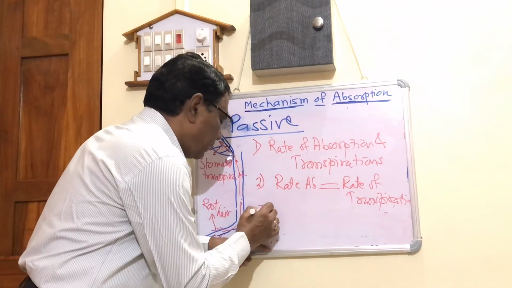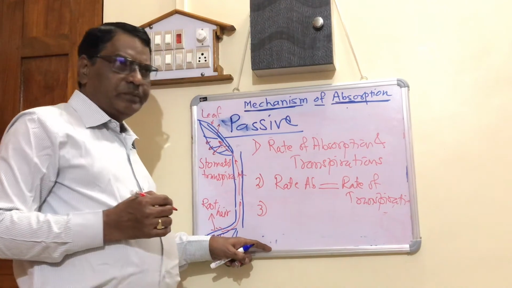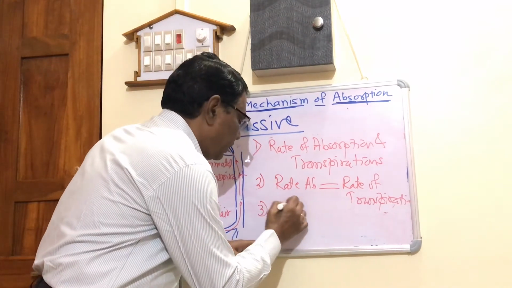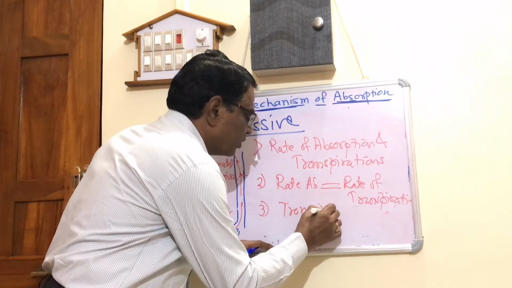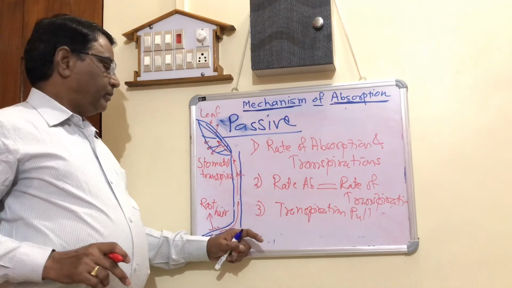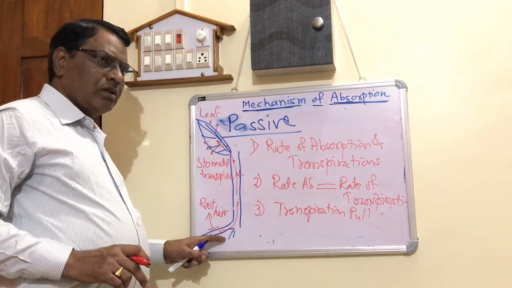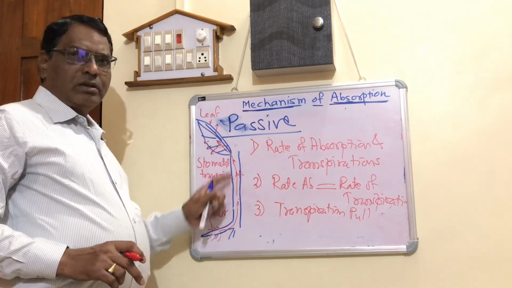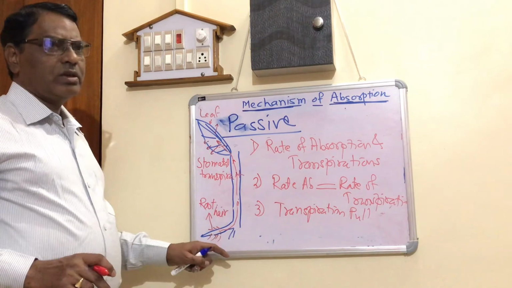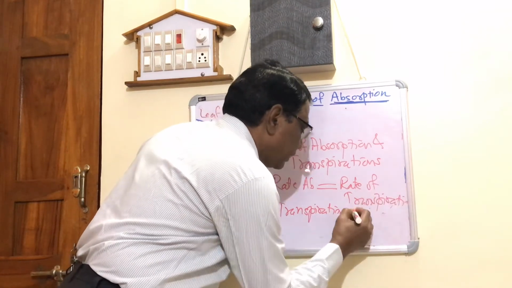And the third practical evidence for this passive absorption of water is that water is absorbed against the concentration gradient, and this is simply due to the transpiration pull. The pull that is developed by the stomatal transpiration in a leaf is pulling water or absorbing water through the roots, and this process is against the concentration gradient, and this is commonly called transpiration pull or transpiration force also.